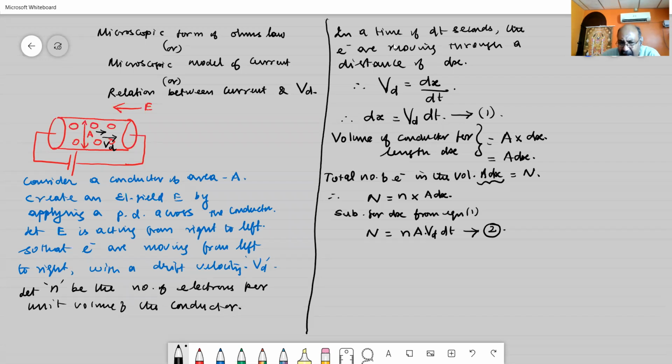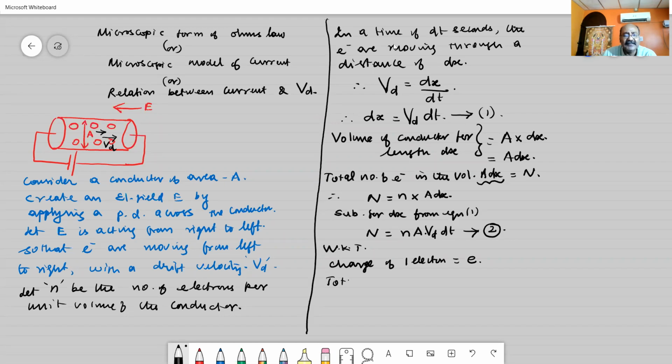Now, this number of electrons are available in the volume for a length of dx. See, we know the magnitude of the charge of one electron is e.